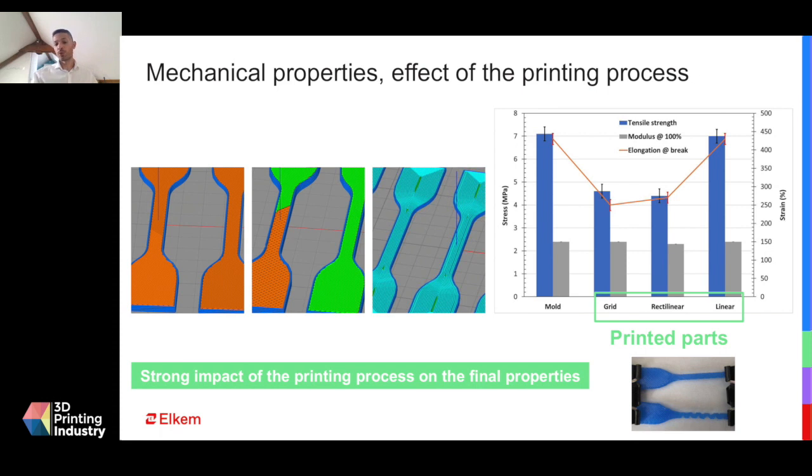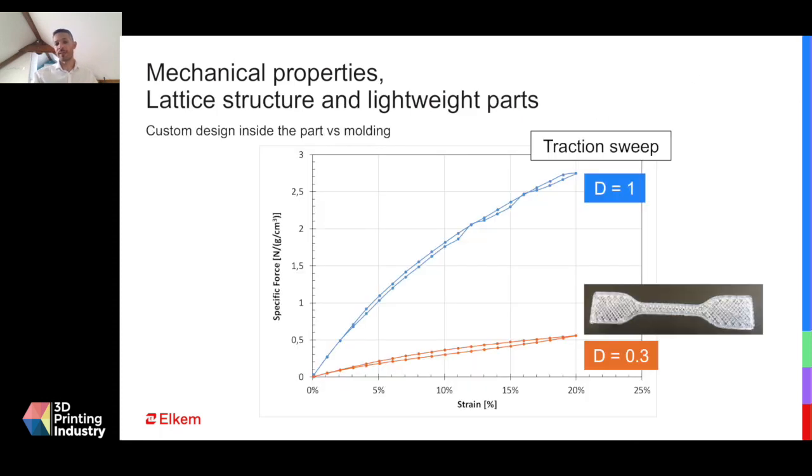With the molding or injection process, you will have a full dense part, with the mechanical properties due to the material that you use. However, with 3D printing, you can choose the infill that you put inside your model. You can choose the amount of infill and the geometry.